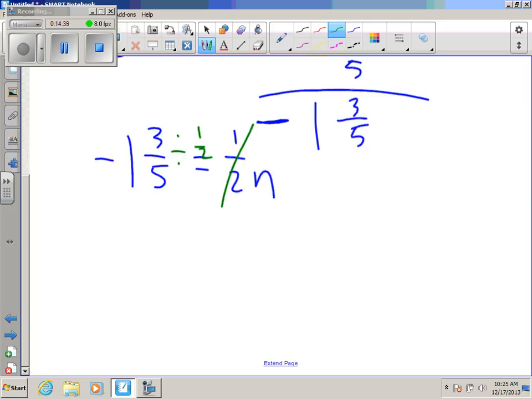The half. So let's put this into an improper fraction. 5 plus 3, negative 8/5, times, after I flip, 2 over 1. Chris?